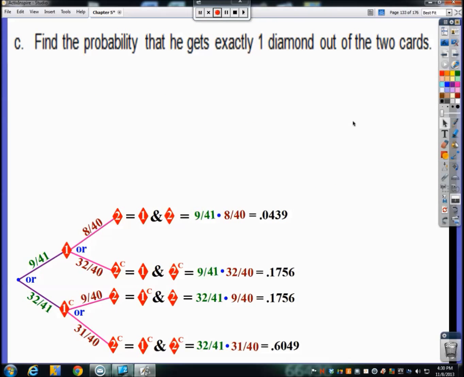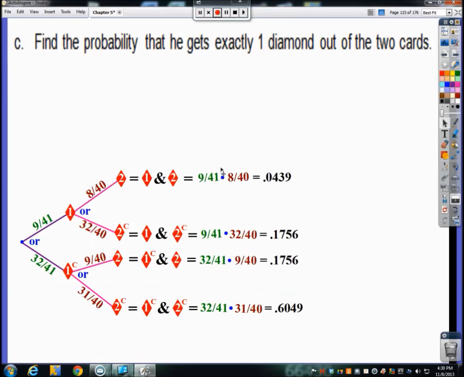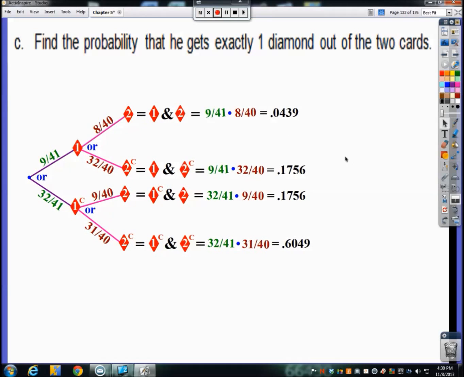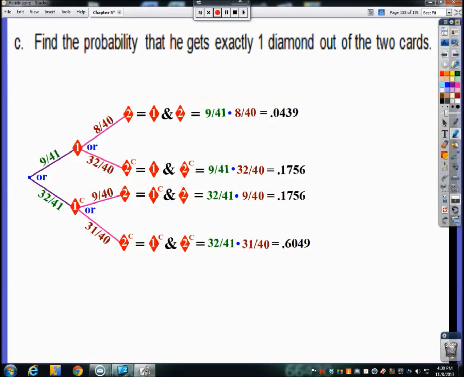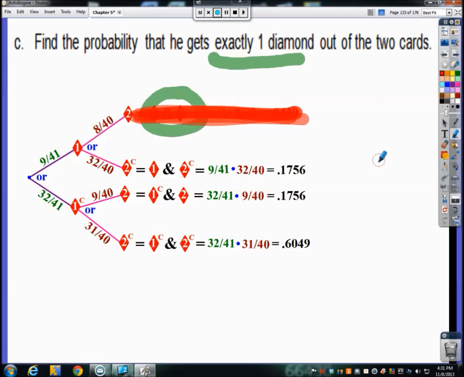The last part of the first example says find the probability that he gets exactly one diamond out of two cards. All right, so let's look at this. There are four different possibilities of getting two cards. Here he got two diamonds, which is not exactly one, so we ignore that possibility.